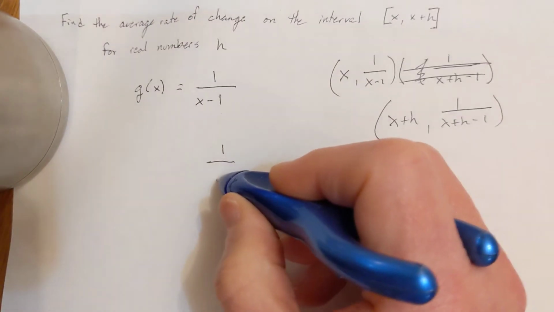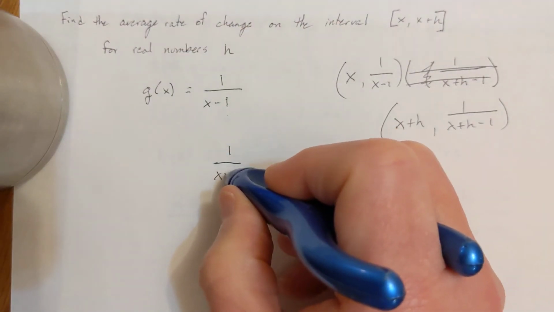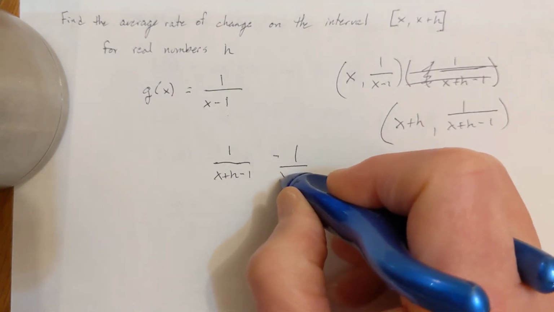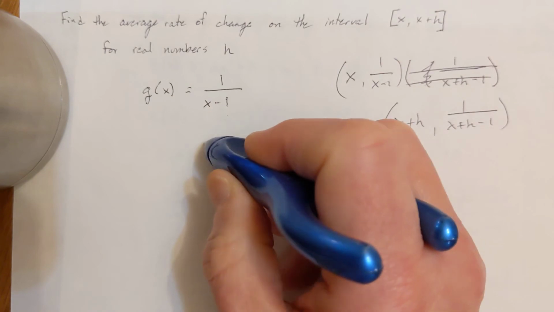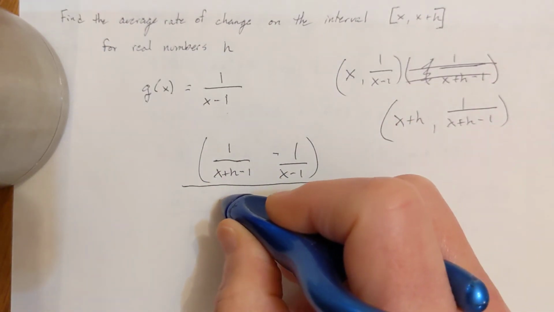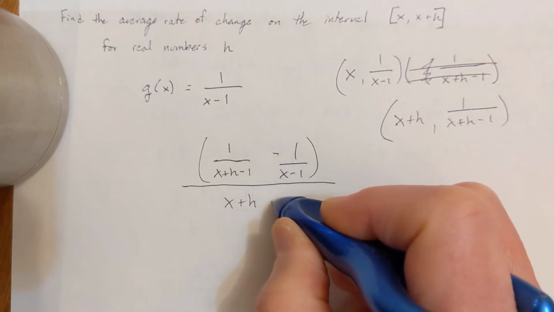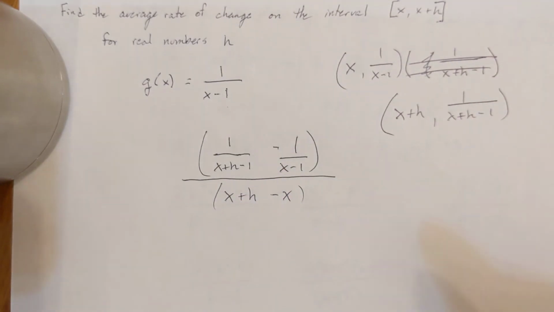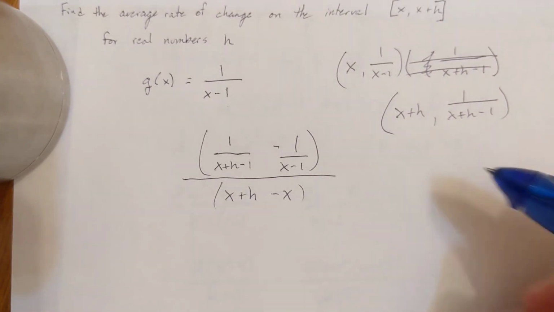One over x plus h minus 1 minus 1 over x minus 1. That's my numerator, the difference in y's. x plus h minus x, that's my denominator. And of course I need to simplify this.